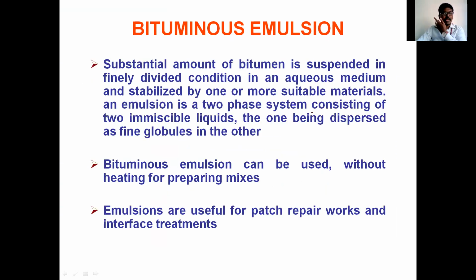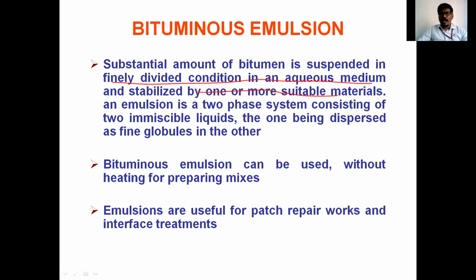And coming to bitumen emulsion, bitumen emulsion is actually a substantial amount of bitumen suspended in a finely divided condition in an aqueous medium and stabilized by one or more suitable materials. We use some emulsifiers, which are finely graded.